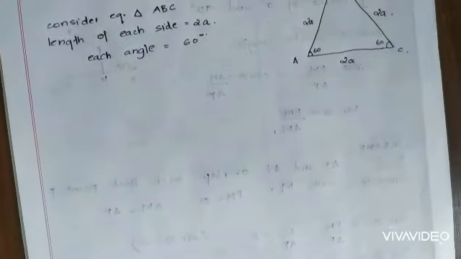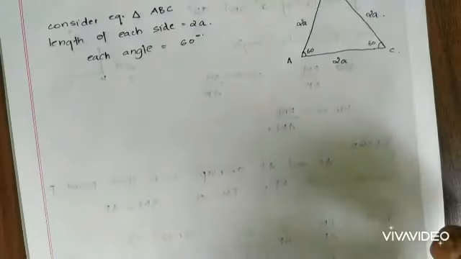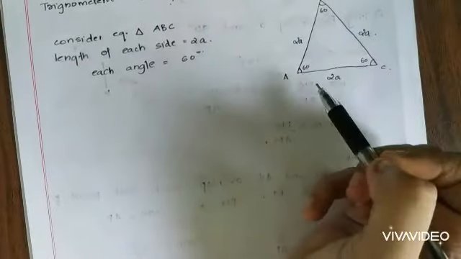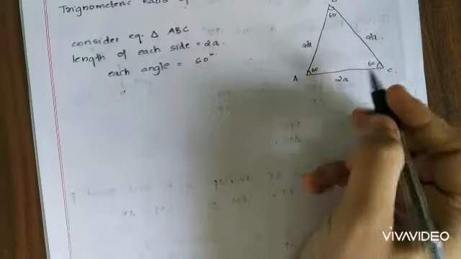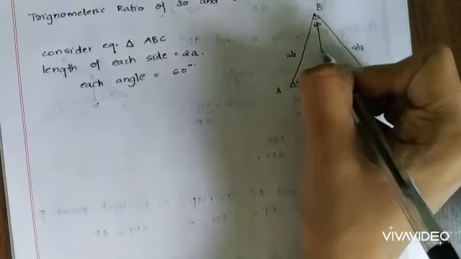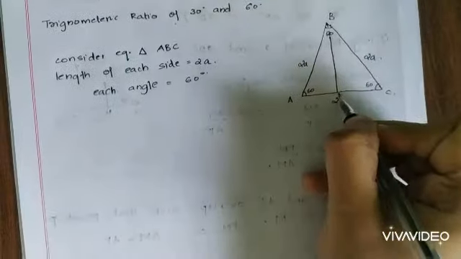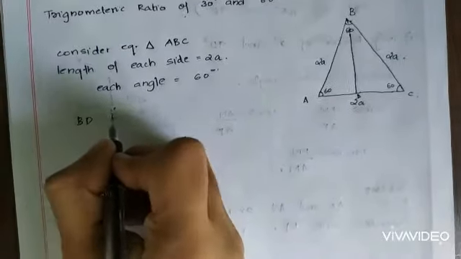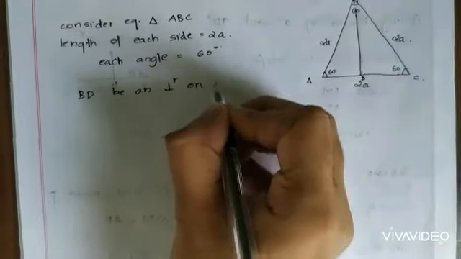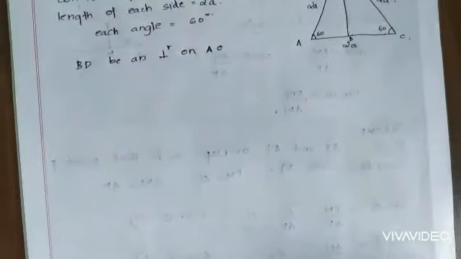Now let BD be a perpendicular from B on AC.